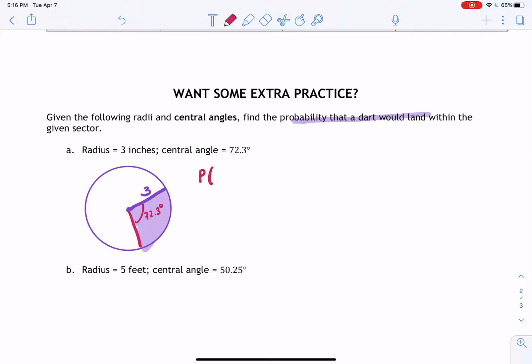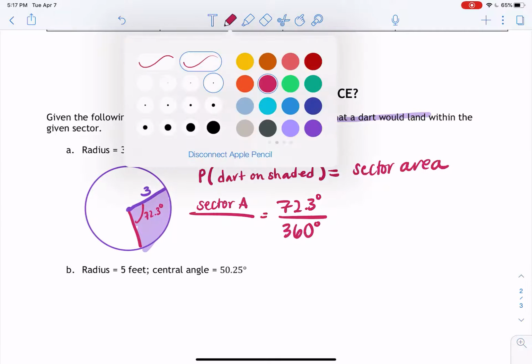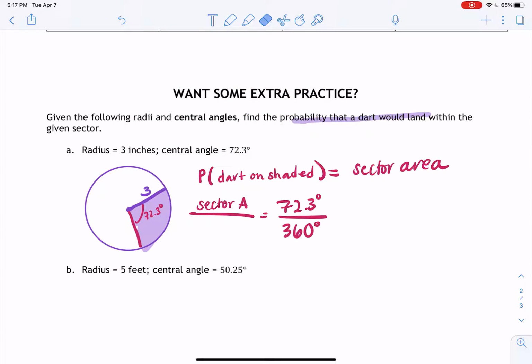So the probability of the dart on shaded, we know that that's going to be equal to the sector area. And in order to find sector area, we need to calculate the total area, which is equal to that ratio is equal to our central angle divided by total degrees. So our total area is going to be 3 squared, which is 9 times pi.